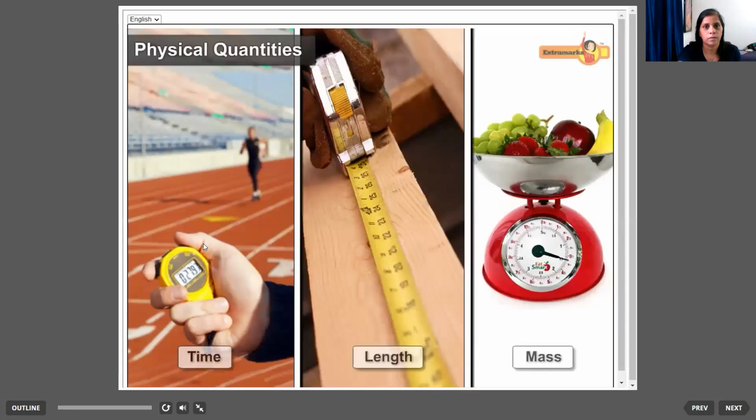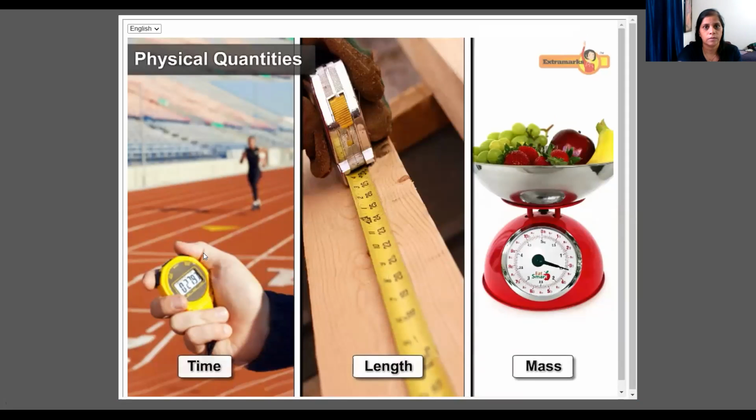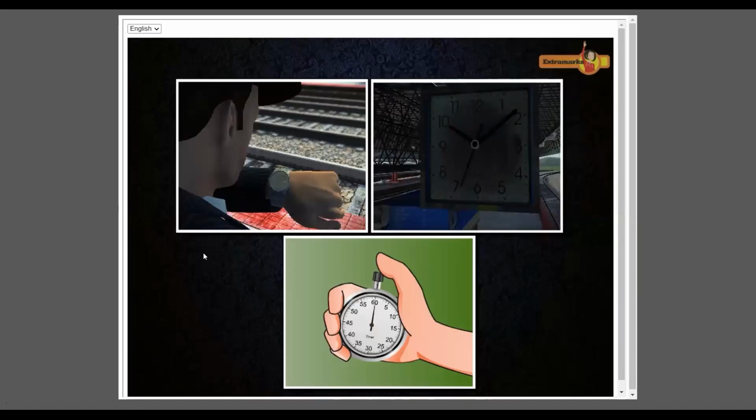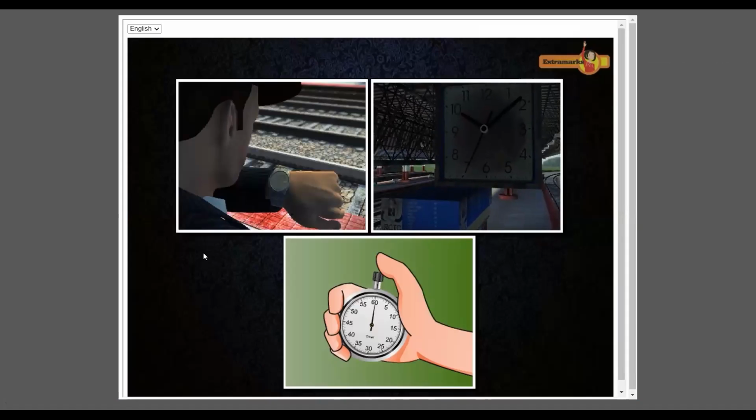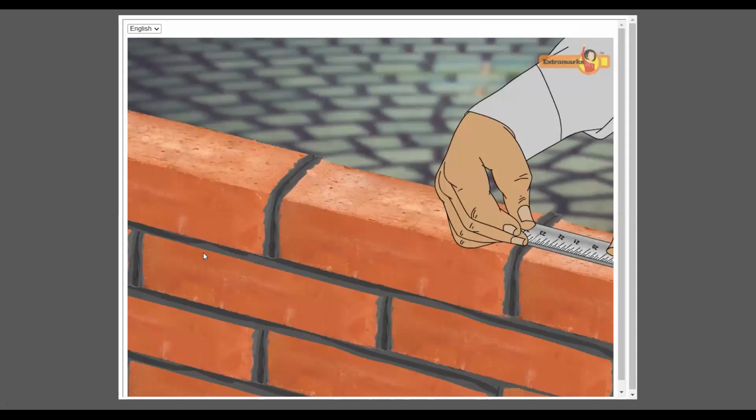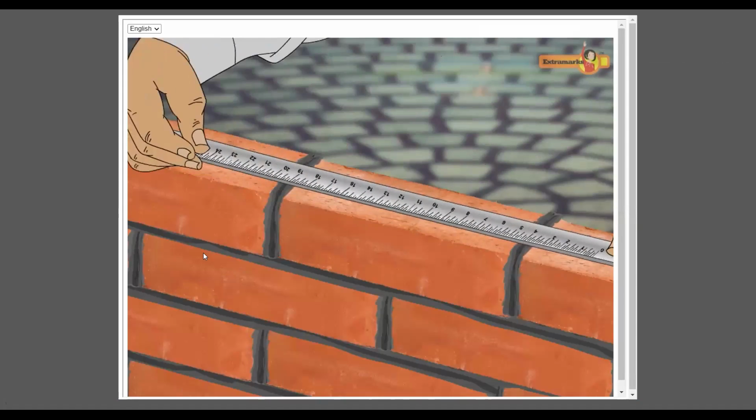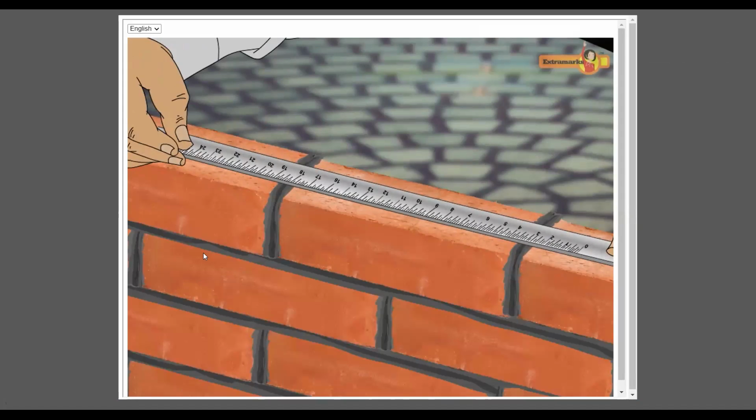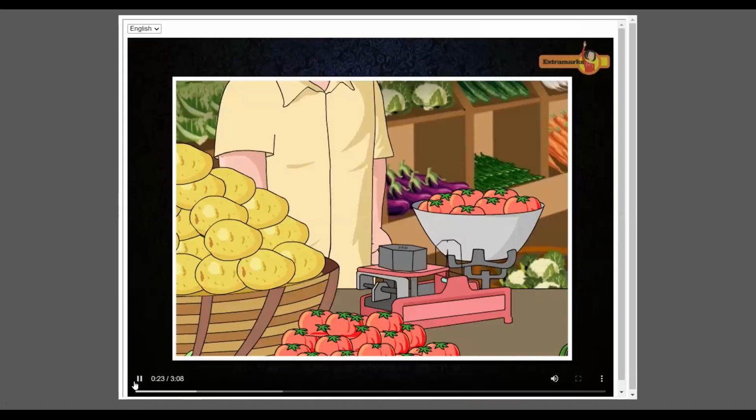Measuring different physical quantities is an integral part of all scientific methods. Even in our daily lives, we keep measuring the time. Yes, we do see the time. And amounts of different quantities.